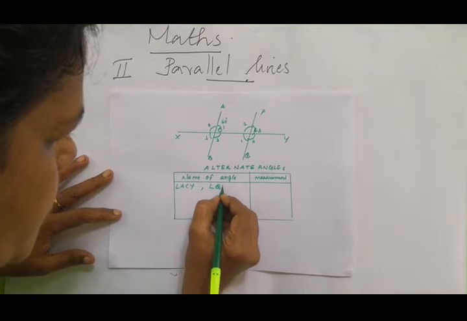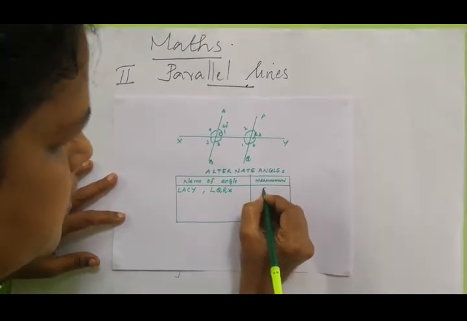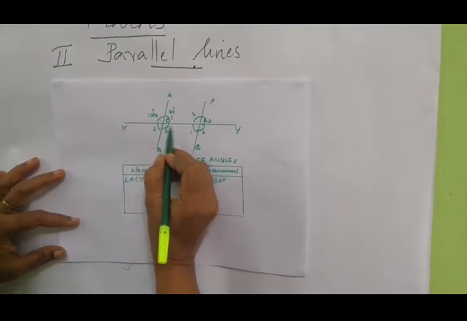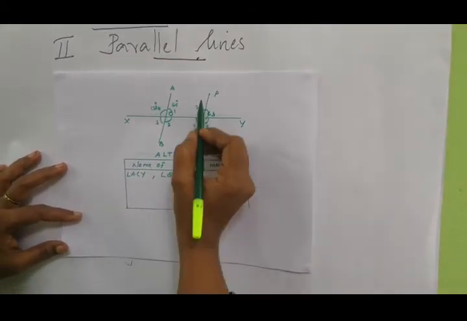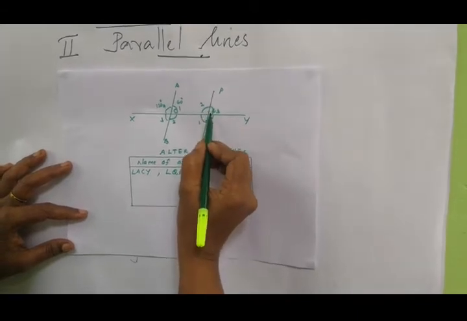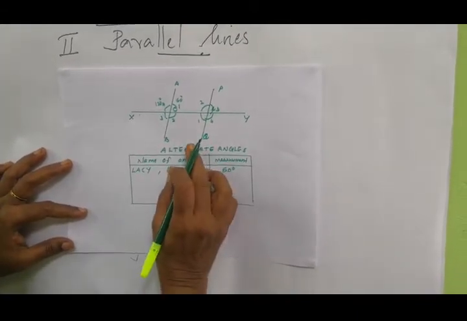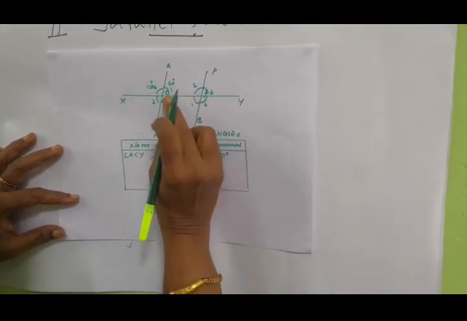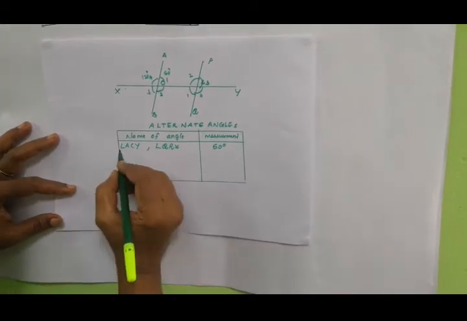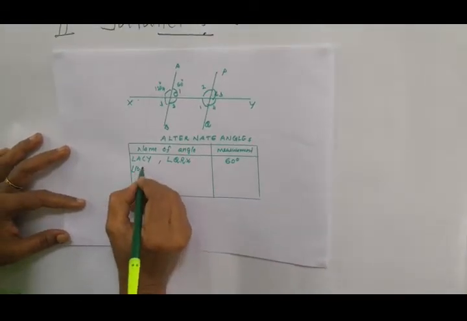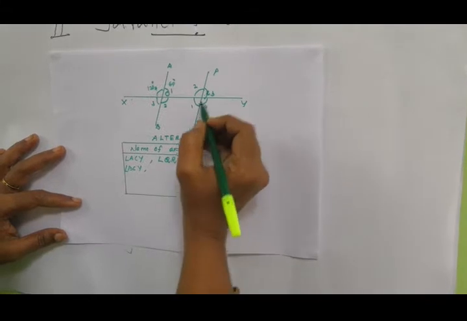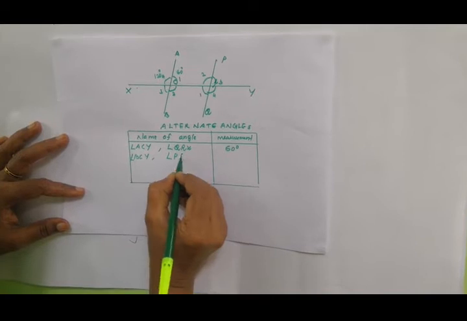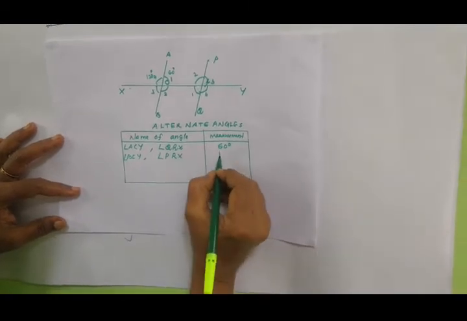Angle QRX is 60 degree. Angle BCY and angle PRX are alternate angles. Here the position is reverse position. That is angle BCY and angle PRX. Angle PRX is equal to 120 degree.